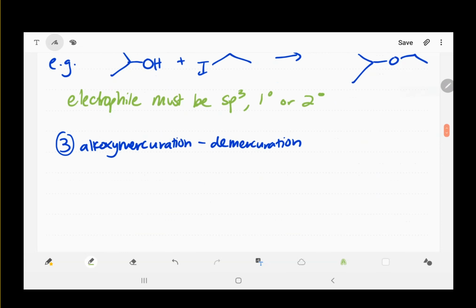Okay. And then with alkoxymercuration, you're going to take an alkene. What alcohol shall we use? Let's use methanol, because why not?